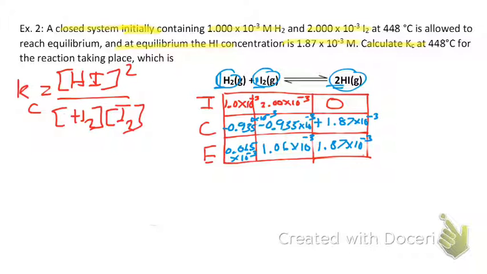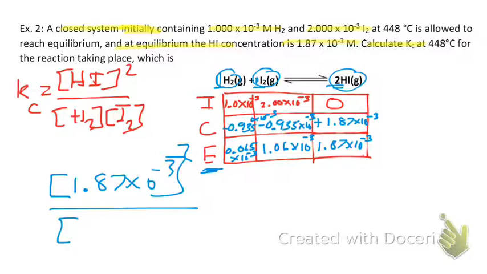And now that I have those equilibrium concentrations, I can plug them into my equilibrium expression and solve for Kc. So that's what I'm going to do here. I'm going to take my concentration of HI, which is 1.87 times 10 to the minus 3, and I'm going to square that because of my 2. So again, I'm just using these equilibrium concentrations.